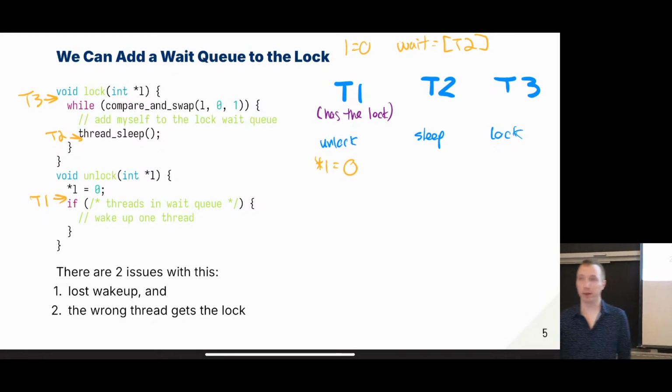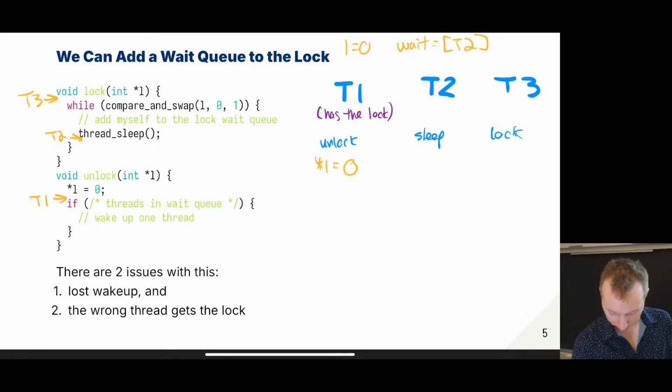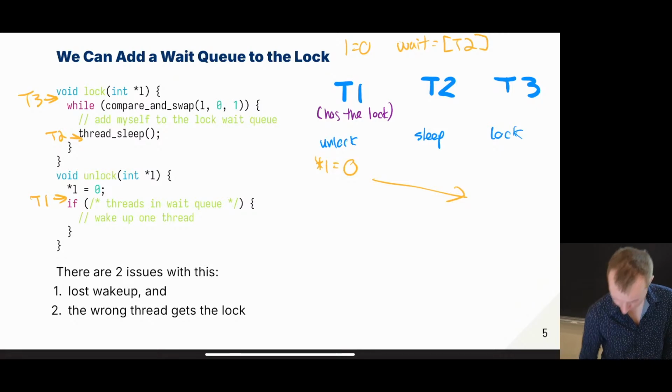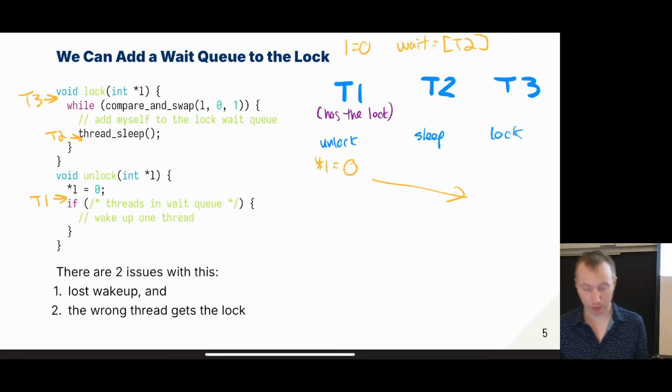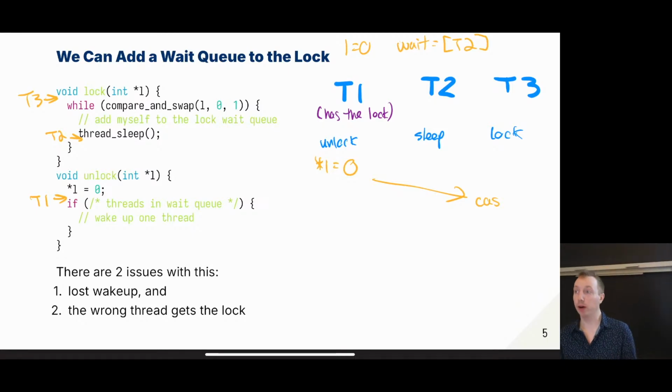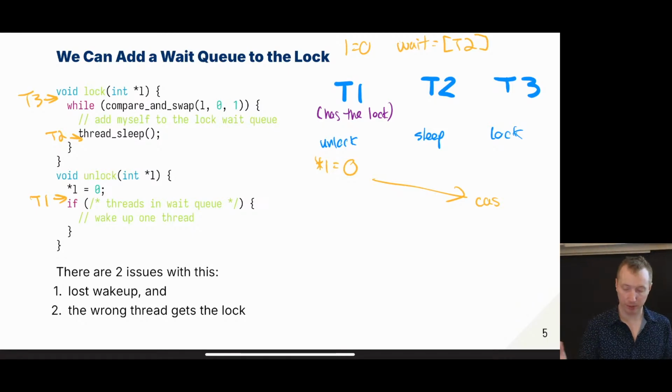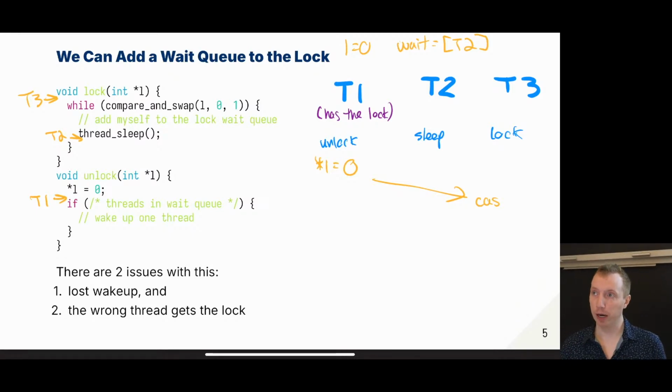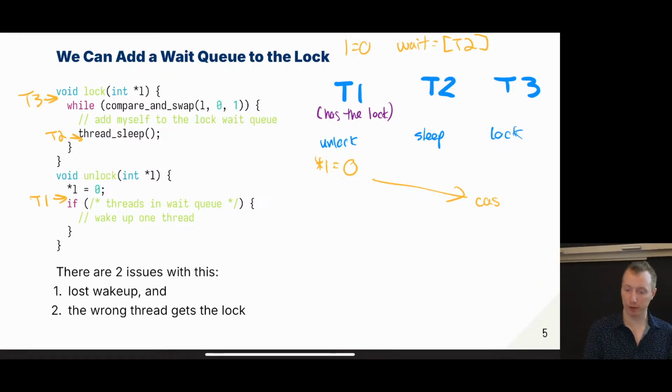Right after it executes this line, we immediately switch to thread 3. Thread 3 is going to do the compare and swap. This has all happened atomically, so we can't switch in between doing this. It will read the value at that memory location, currently 0.